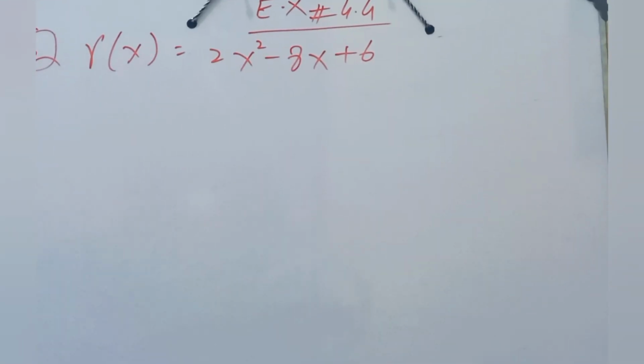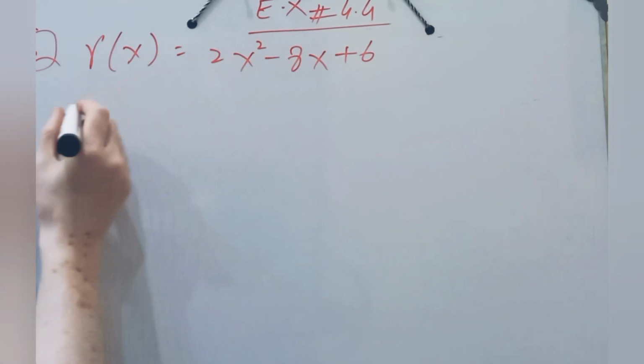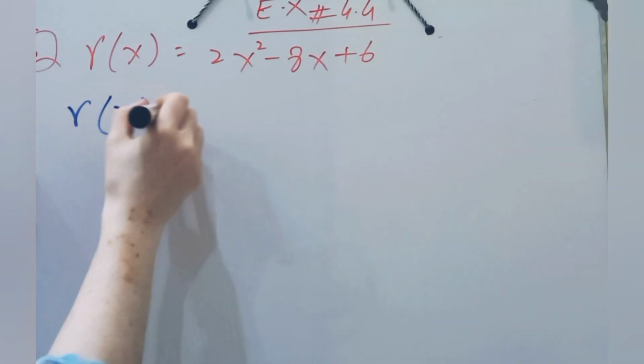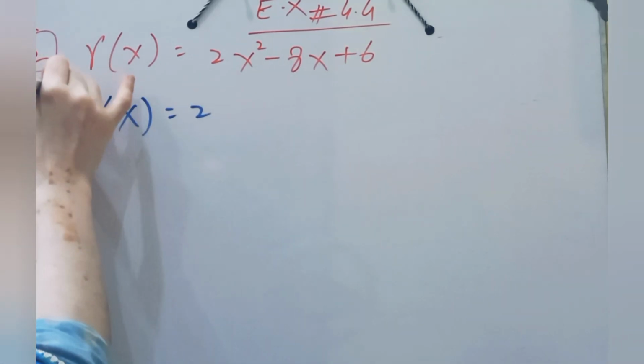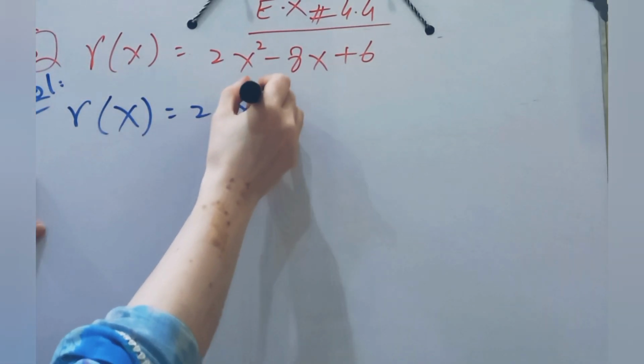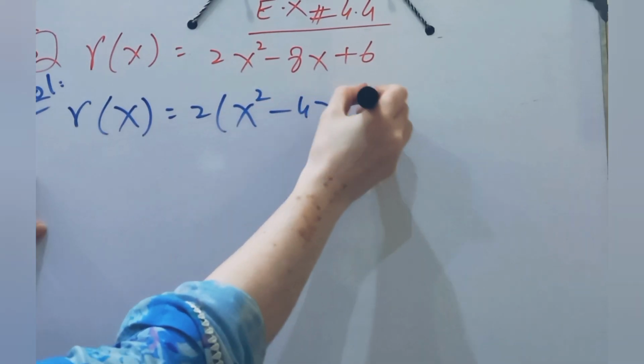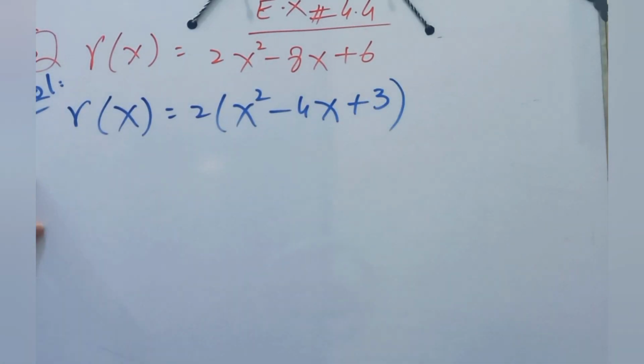Okay, dear student, this is the last question from this exercise. The question is about deflection of beam. The expression is 2x squared minus 8x plus 6. First of all, you can see that something is common in this expression, that is 2. We take 2 as common, leaving x squared minus 4x plus 3.